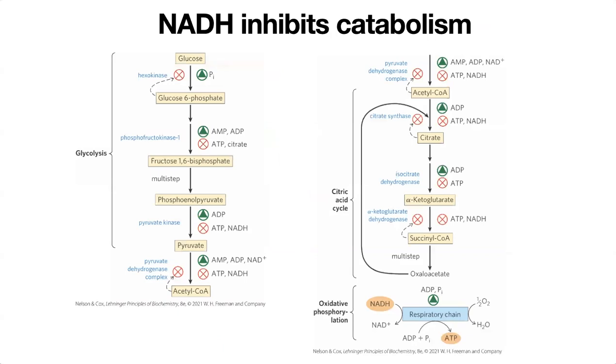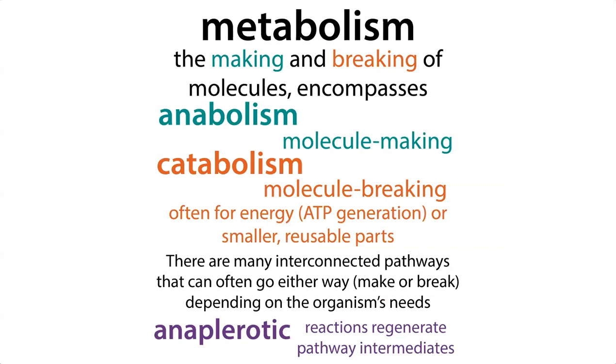We'll talk a lot more about how NADH can serve as an allosteric regulator of enzymes. Basically it binds to enzymes and inhibits their activity. More specifically, it binds to catabolic enzymes, the enzymes responsible for breaking down molecules for energy. If we have a lot of NADH building up, this indicates that we're doing a lot of breakdown and maybe we need to slow down. Maybe we want to do some anabolism and start building things up.